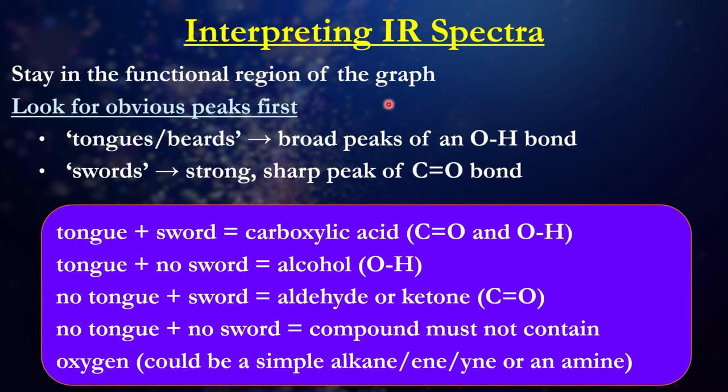Alright, so just a couple of takeaway points for you when it comes to interpreting infrared spectra. Stay on the functional region of the graph first. Look for obvious peaks, so any smooth tongues or beards. That gives you the broad peaks of the OH bond. Any sharp sword-like spectra points, strong sharp peaks, that represents the carbon double bond with oxygen.